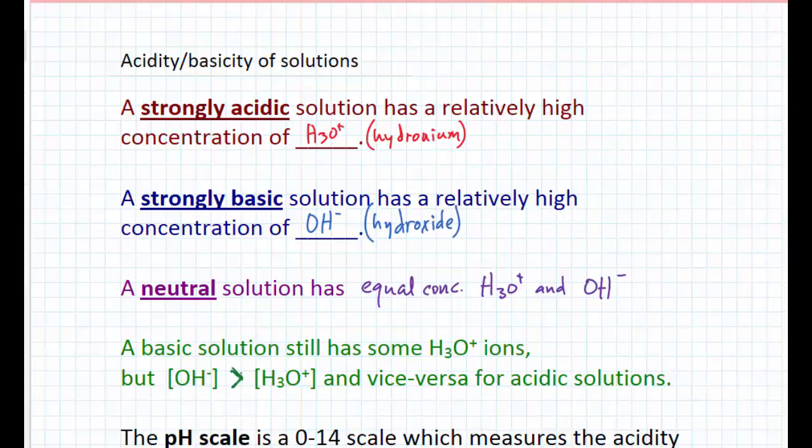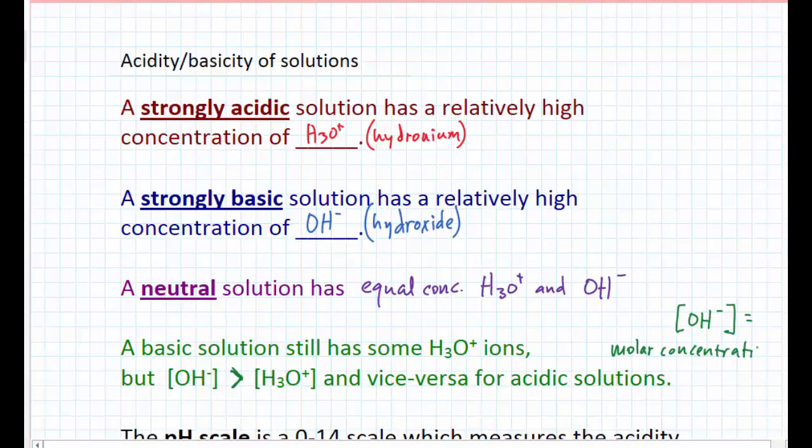Okay? So when we put something in square brackets, like that, that's the molarity, or the molar concentration. Right? Moles per liter. So when we put a formula of something in square brackets, we're talking about its concentration, how concentrated it is.